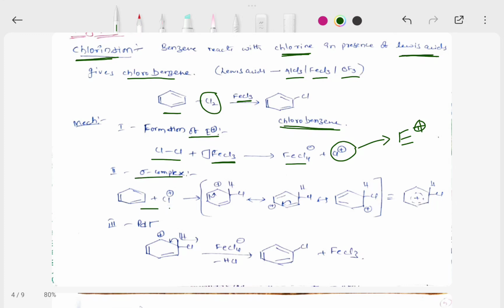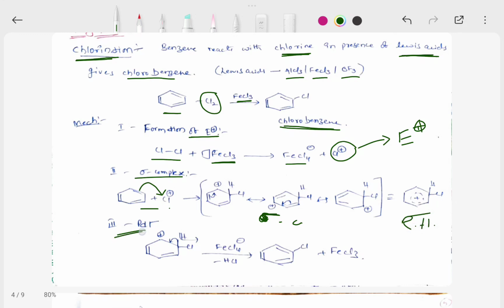Benzene donates electrons to the electrophile Cl+ and the carbonium ion is formed. This carbonium ion undergoes resonance structures. These resonance structures are called sigma complex and this is the resonance hybrid structure.